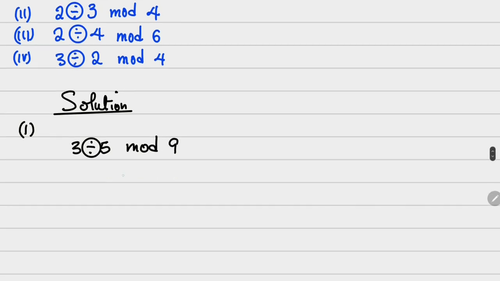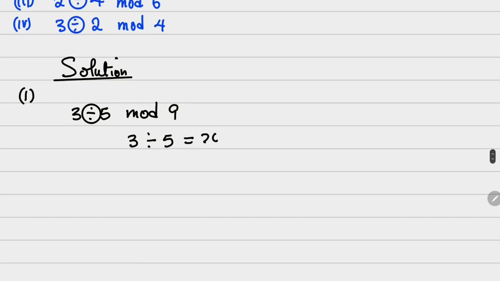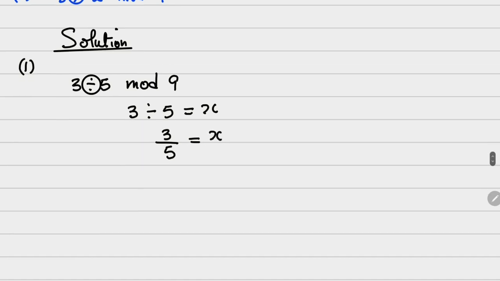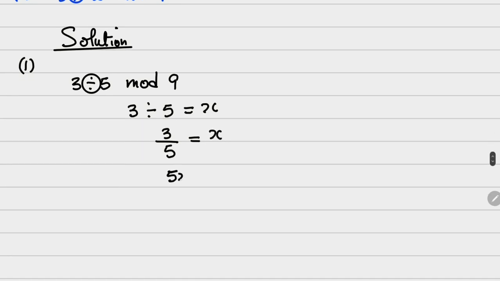So what you do is this. You say 3 divided by 5, we don't know, let's say it's equal to x. It means 3 over 5 is equal to x. So you cross multiply, you have 5x equals 3.